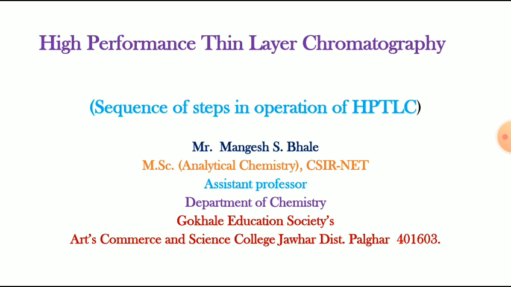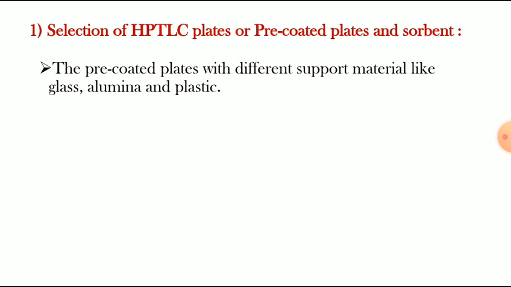Actually, the first component in this HPTLC instrument is the selection of HPTLC plates, or pre-coated plates, and sorbent. That means what type of plate, what will be the size of that plate, and the pre-coated plate along with the sorbent material.